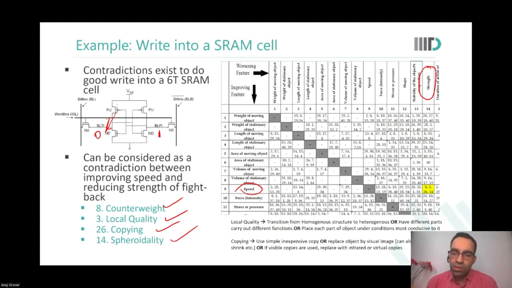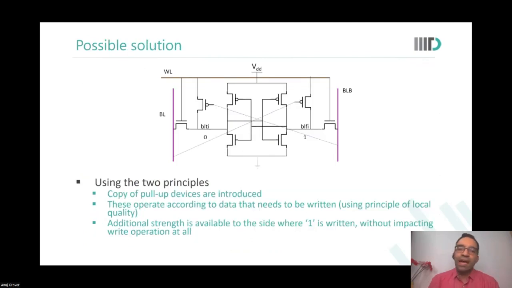And by using these principles, we added 2 additional PMOSs here where, okay, I'm not going into the functionality, where you would be able to get additional strength. So to write a 0 into this memory cell, you take this node to 0 and continue with this node at 1. Now, this might be latent for many of you, but those of you who understand circuits, just for them, they will probably understand this.